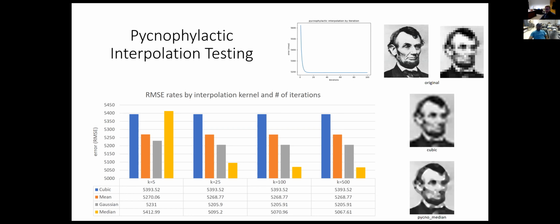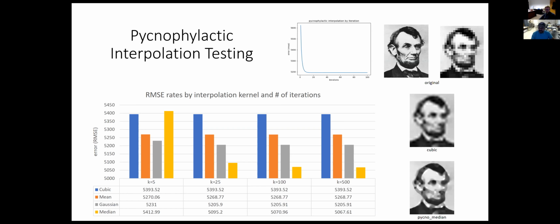Or you can use a median, which I was really excited about because everybody knows how excited I am about nonparametric statistics. Essentially, moving left to right on this image we have 5 passes, 25 passes, 100 passes, and 500 passes through the smoothing. For everything other than the cubic, because that's not iterative, you can see those percentages dropping.